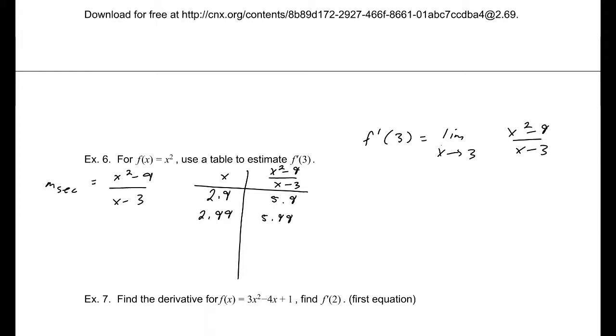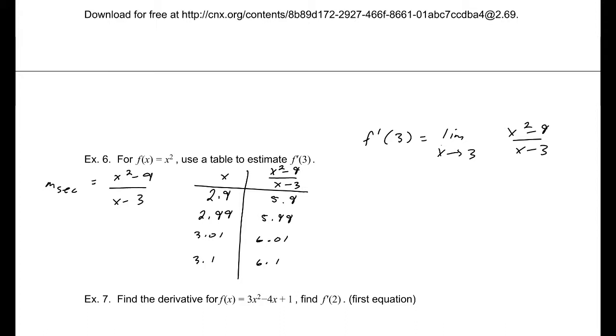Okay, let's go the other direction. Let's go 3.1. At 3.1, the value of that slope of the secant line is 6.1. At 3.01, the slope is 6.01. So it appears from this table that it is approaching 6.